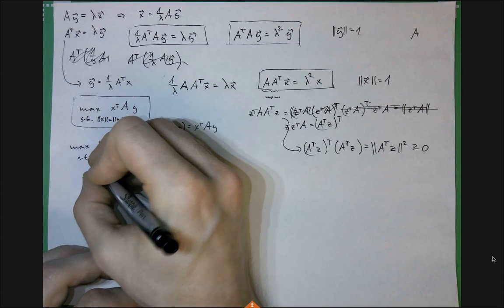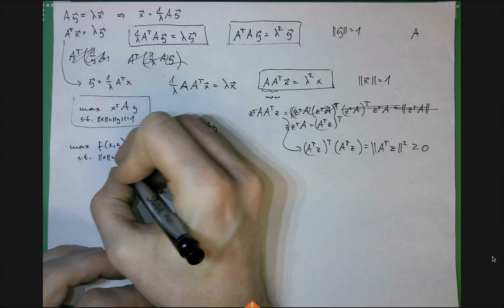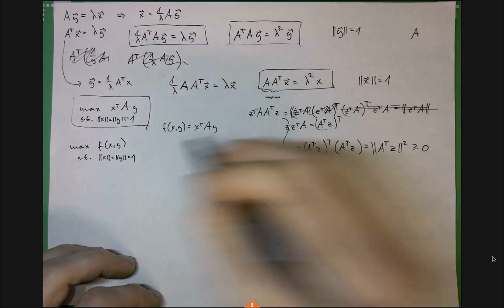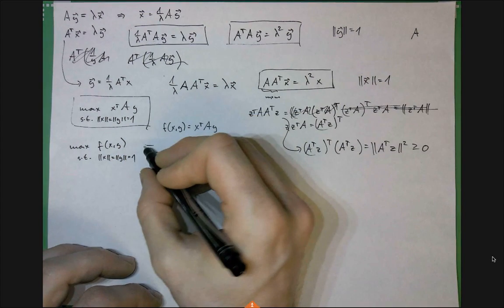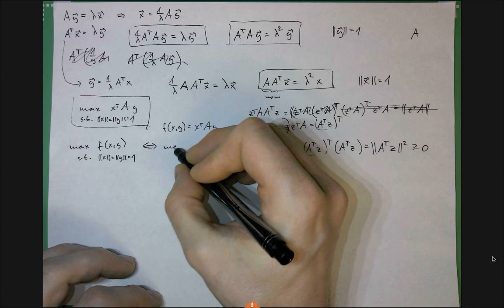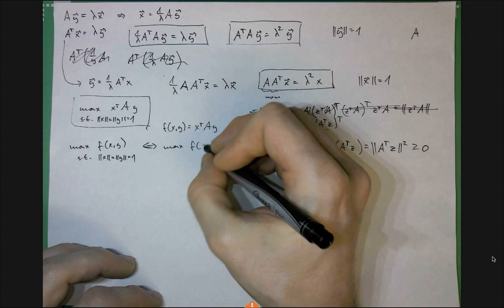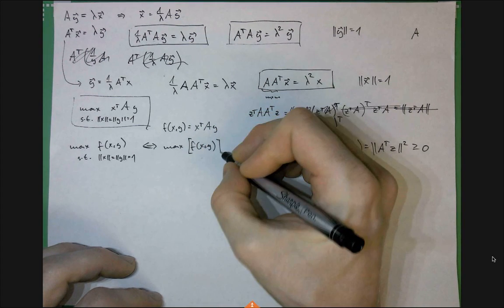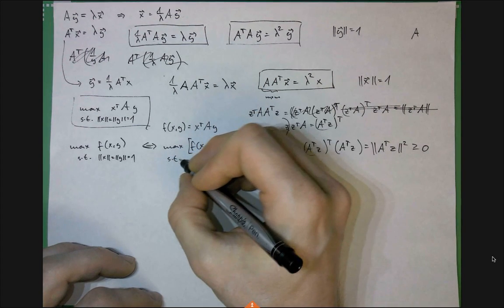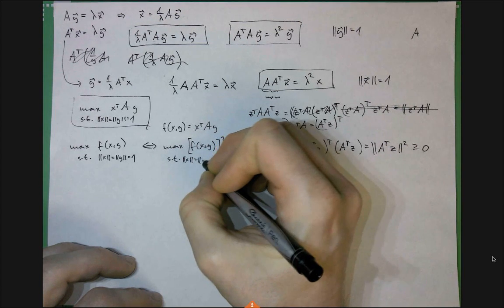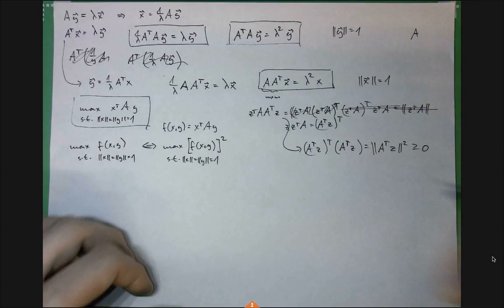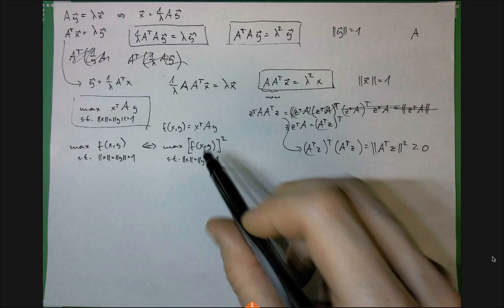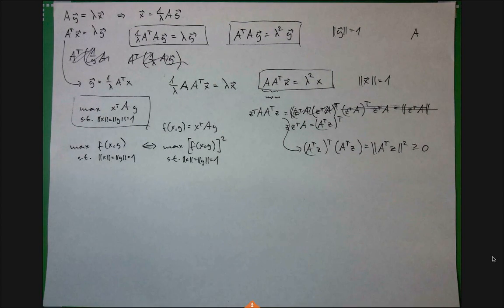subject to, that's always going to be there. So this is actually equivalent to maximizing f(x,y) squared, again subject to the same thing. Let's think for a second, why is this equivalent? Why can I be maximizing the square of f instead of f?